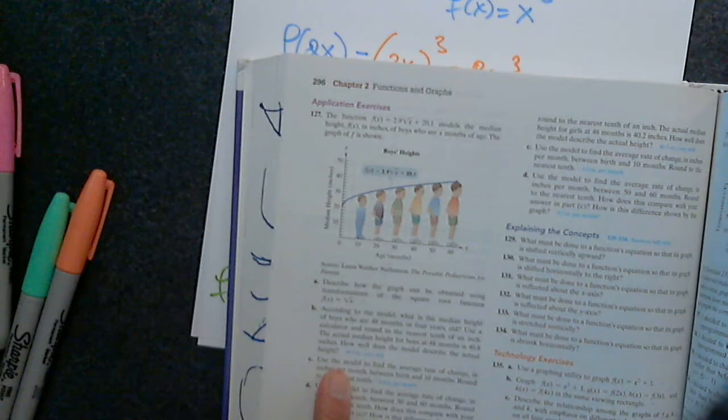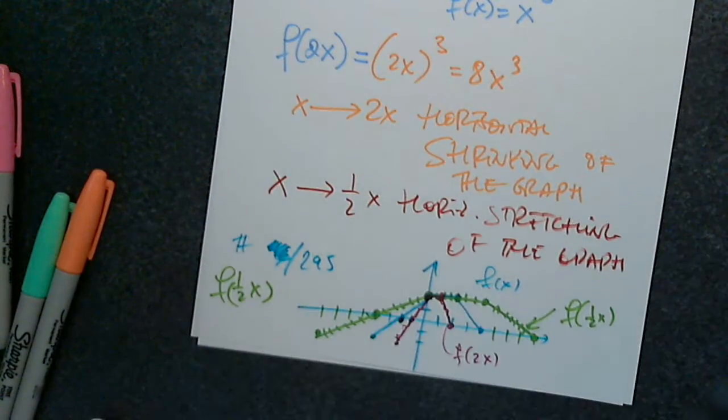So we have to put this function in the graphing calculator. Let's do that. Any questions? In y equals 2.9 times the square root of x, and then plus 20.1, correct? Yes. Okay, so second and table.